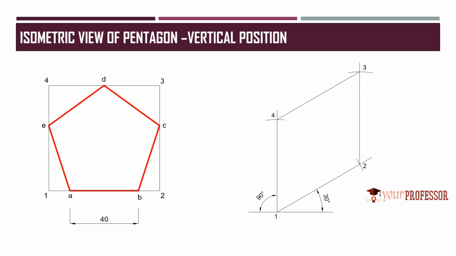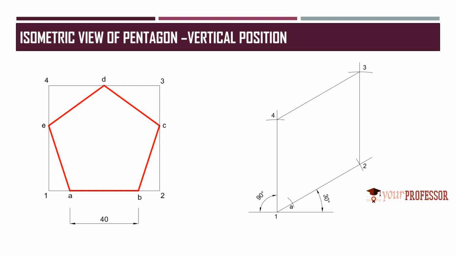Now let's transfer the distances between 1 and A, 2 and B, 2 and C onto the right hand side figure, right? Consider the distance between 1 and A with the help of a compass, as we have seen in the left hand side figure. So on the right hand side figure, 1 as center, 1A as radius, drop an arc onto the 1, 2 line.